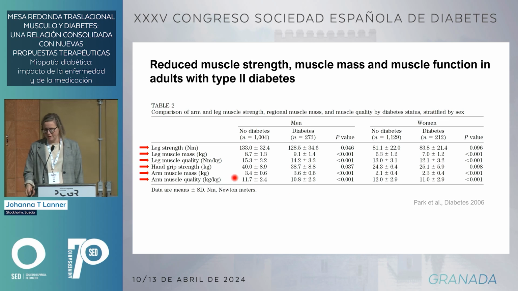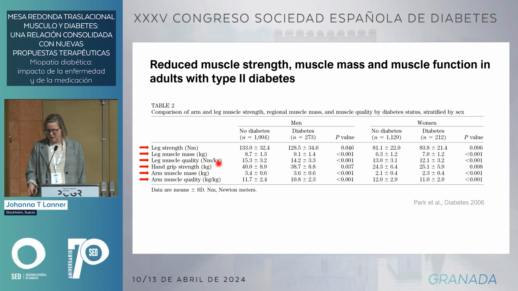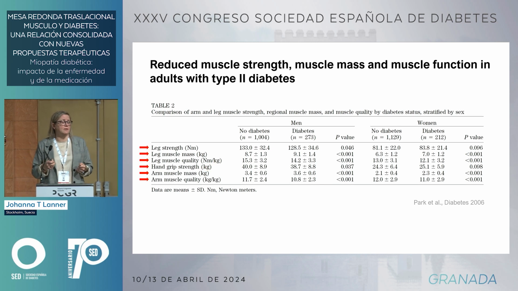What I call muscle quality is when you normalize the force, so Newton meters of force, to how much muscle mass you have. And that is decreased, saying that it's not only the result of having less muscle, it's actually that the function in the muscle has declined.